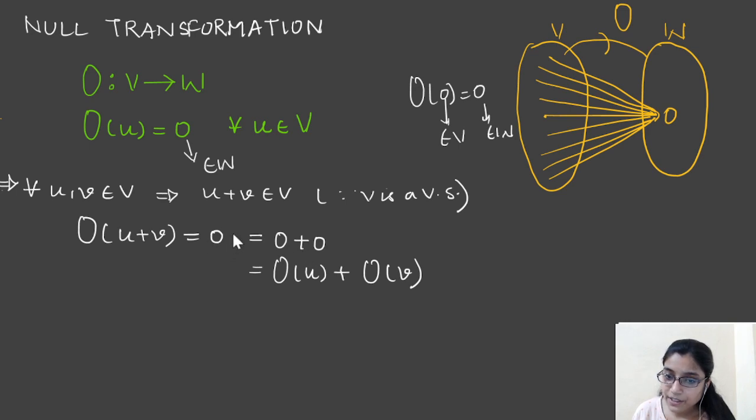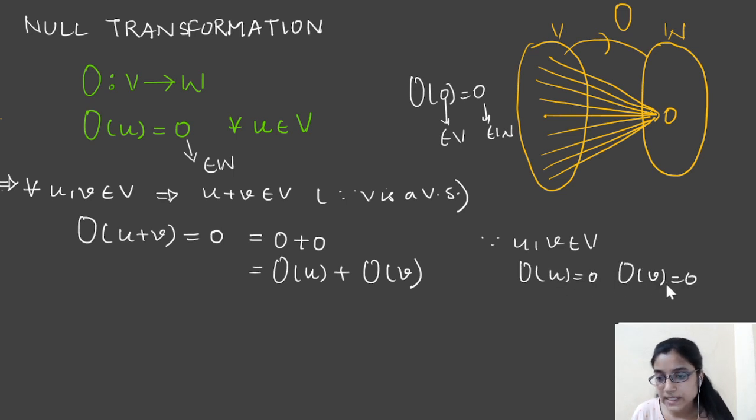Using the additive identity property of the vector space W, I can write 0 as 0 plus 0. Since u and v belong to vector space V, 0 of u is equal to 0 and 0 of v is obviously equal to 0.